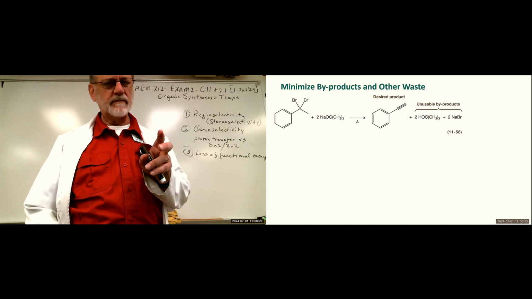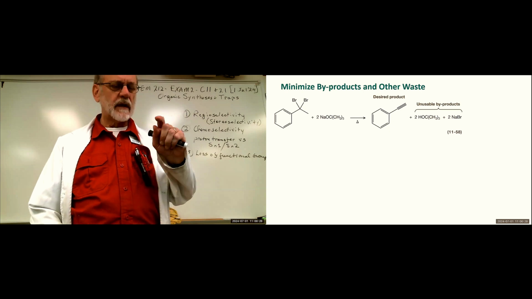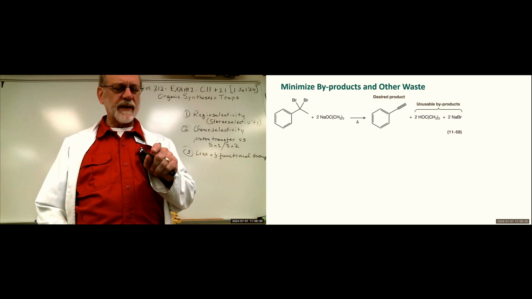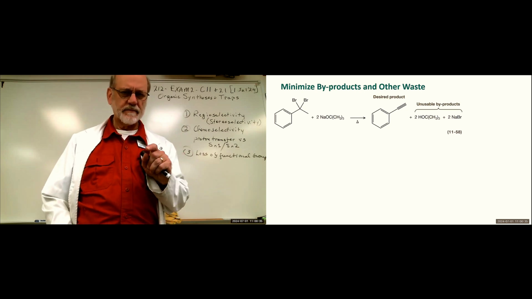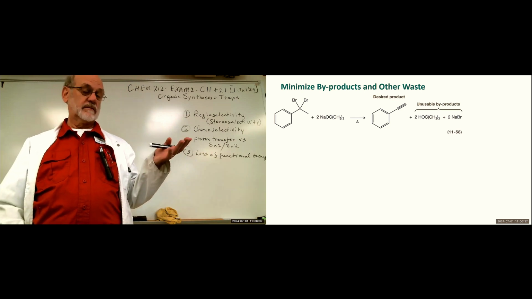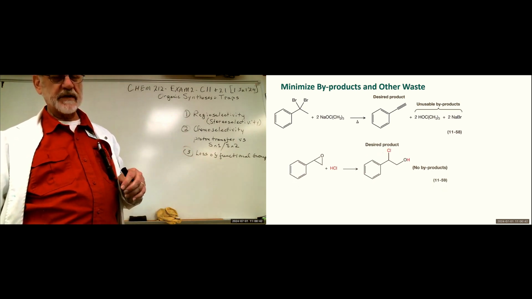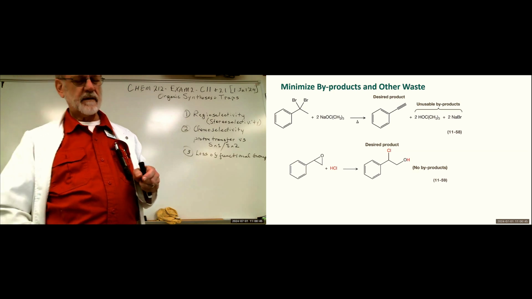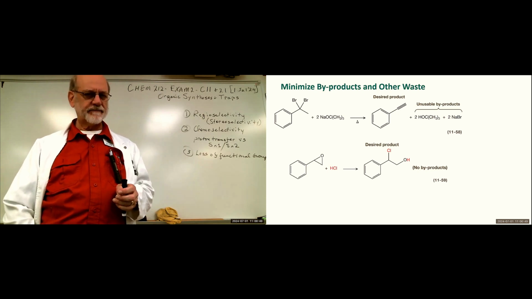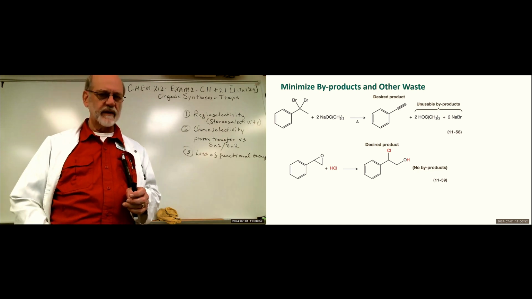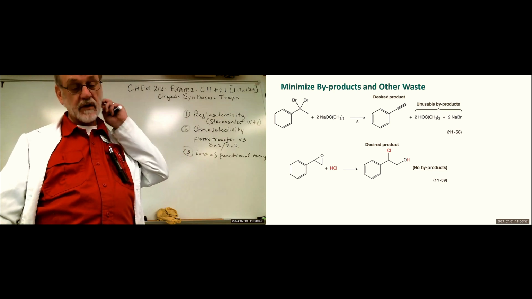Tertiary butyl anion would form the triple bond, but it would also leave us with unusable byproducts. So we got to get rid of those. What if instead of using the bromide compound, we use an epoxide? I just open the ring, and that would give us no byproducts. And then we could go from that step.